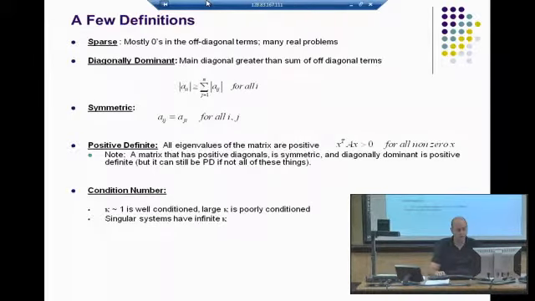The condition number. The condition number is a measure of how well conditioned or how singular a matrix is. And it really kind of tells the ease of solving the system of equations for some iterative methods. So a condition number of 1 is a very well-conditioned matrix. In fact, you can't have a number lower than 1. So 1 is the best, and then it goes up as high as infinity.